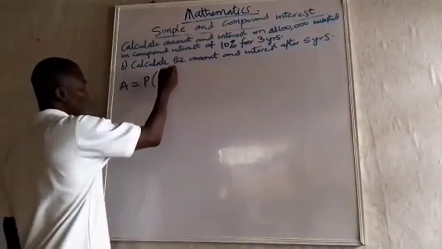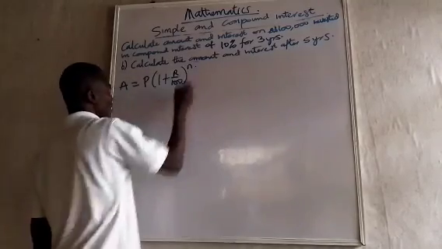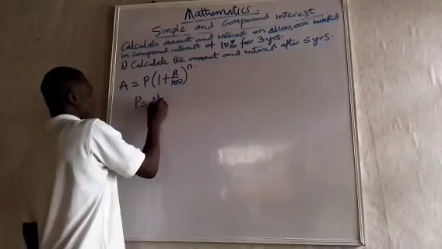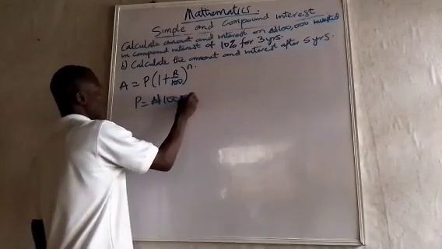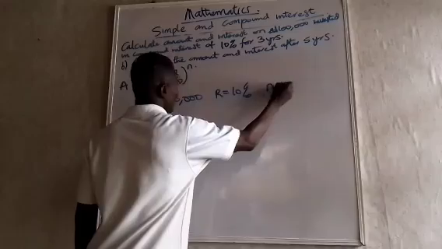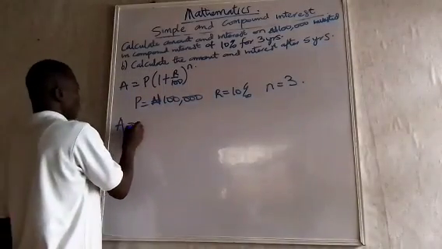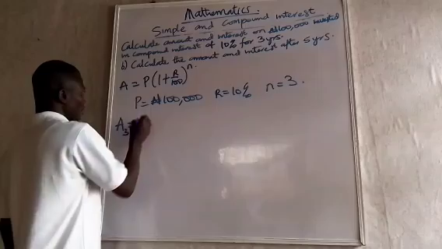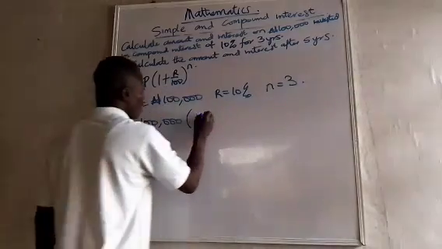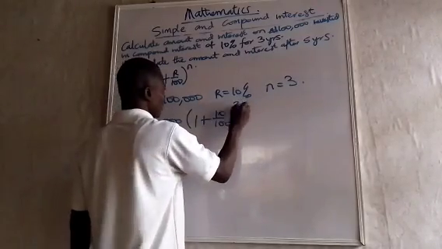So let's see. For this one, you know that amount after n years is going to be principal into 1 plus R over 100 raised to power n. In this instance, you know P to be equal to 100,000 naira, R is 10%, n equal to 3. So A is going to be 100,000 into 1 plus 10 over 100 raised to power 3.